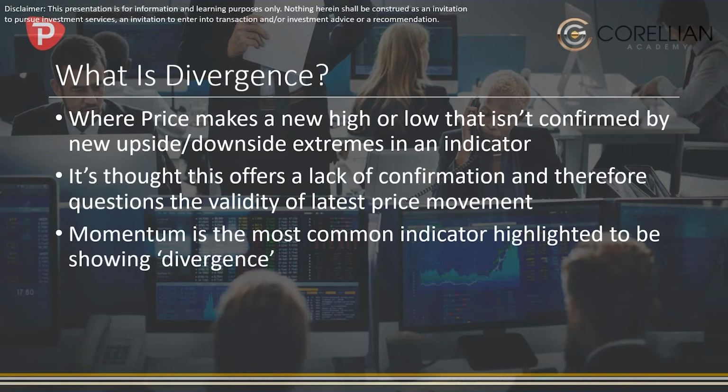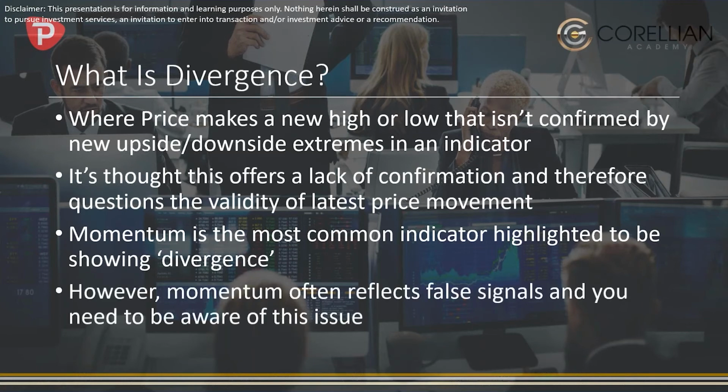Now, as I say, momentum is the most common indicator highlighted as showing a divergence. And this is mainly because it actually happens on a fairly regular basis. So you can quite often see divergences occur within momentum-based indicators.